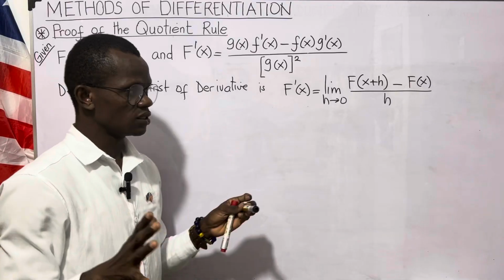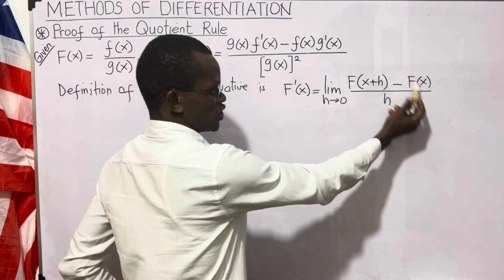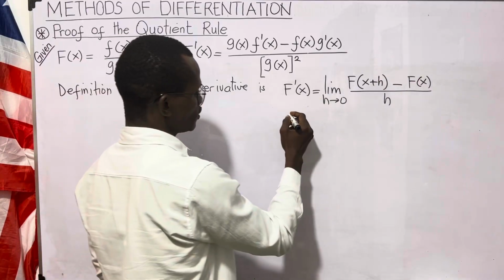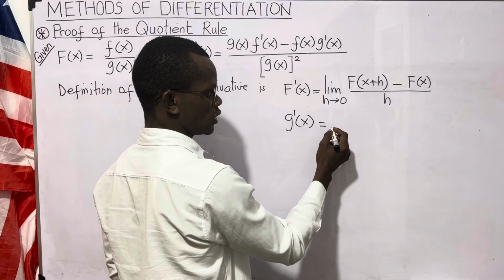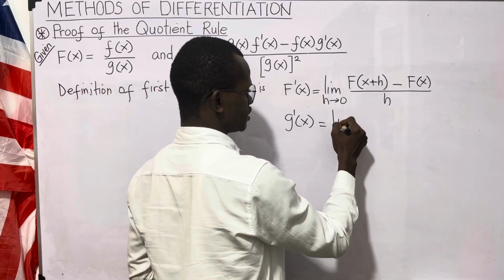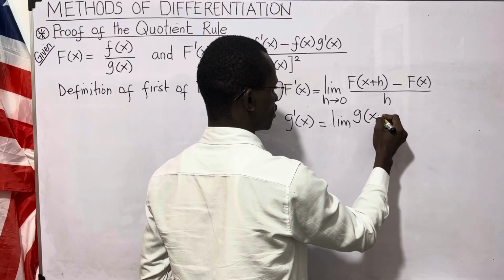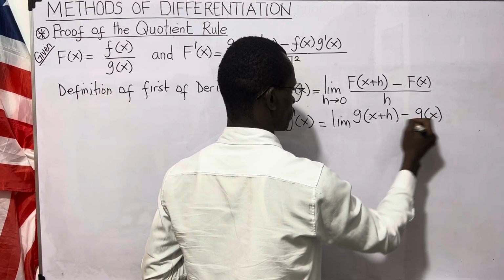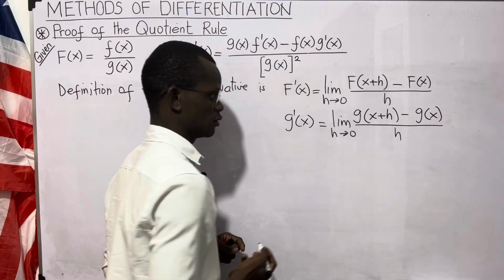Now, this is one thing that we also need to note. This definition can take on any function. For instance, we will also say g of x, g prime of x. The only thing we're going to change here would just be this capital F to g of x plus h minus g of x all over h as h approaches 0.